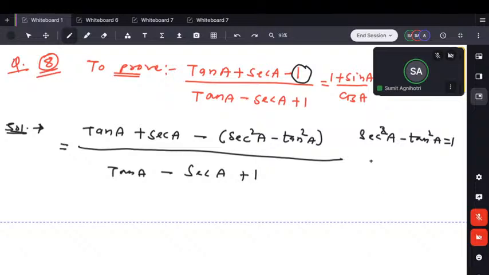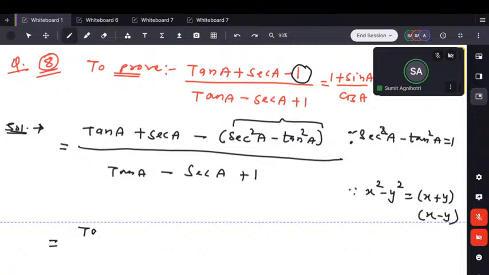Okay, now after putting 1 equal to this, now we will write x square minus y square. We will use it here. And do you know this? It is simply x plus y. Do you know this? I think you know this.